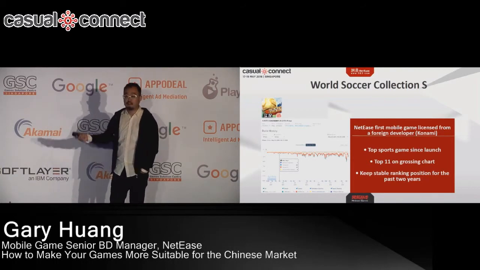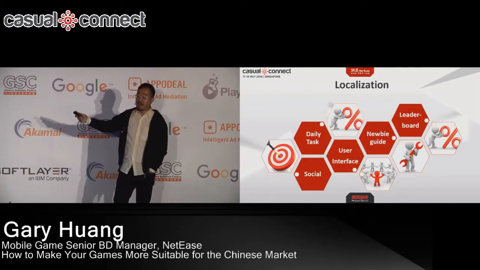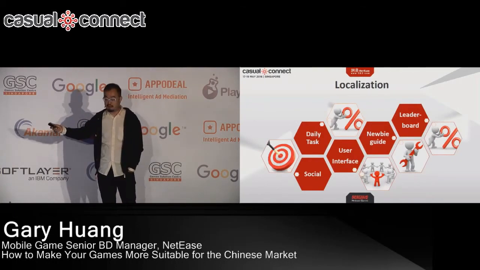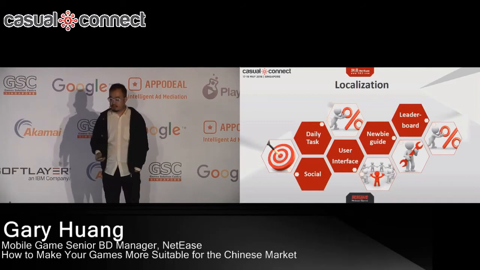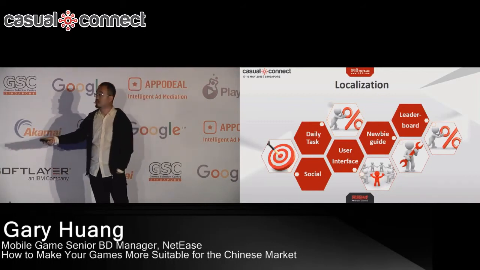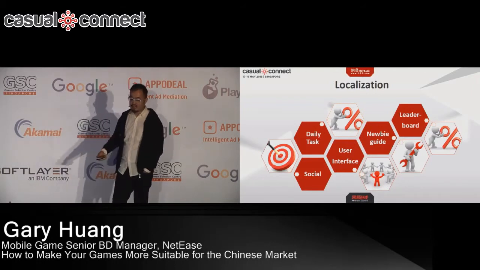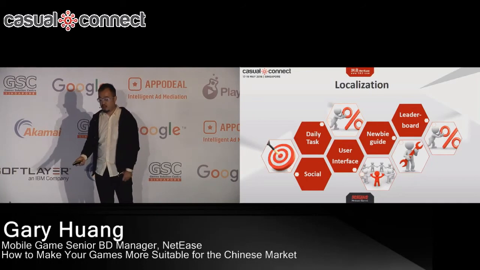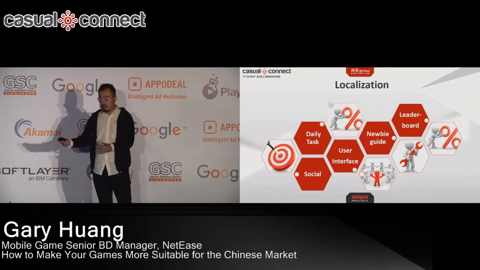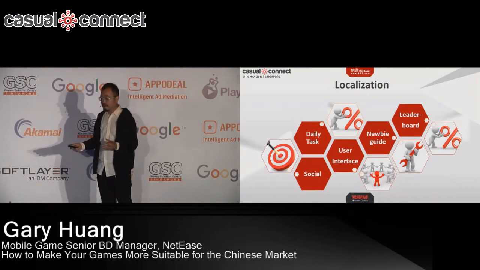So what we have done for it: we did a lot of localization work. Like I said, if you want to make a very successful launch in China, you should put in a lot of daily tasks, a social system, or a newbie guide to lead players to enjoy your gameplay very fast.